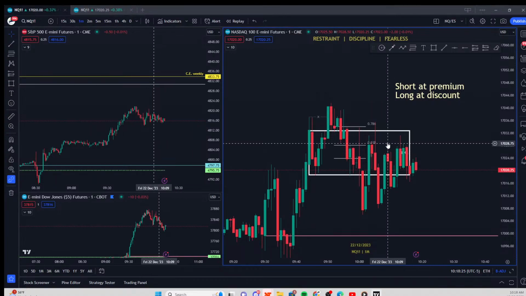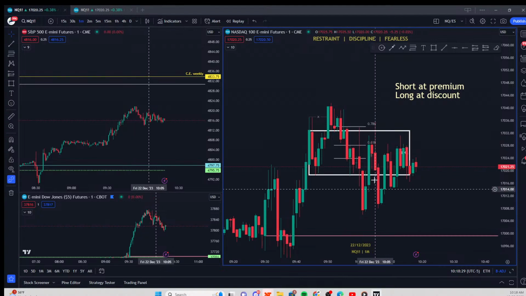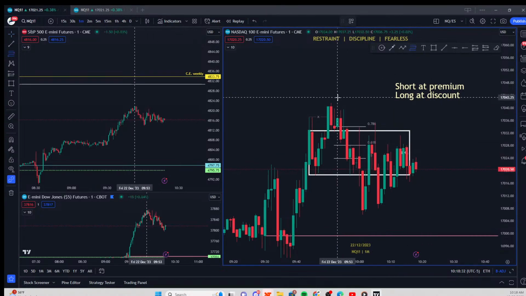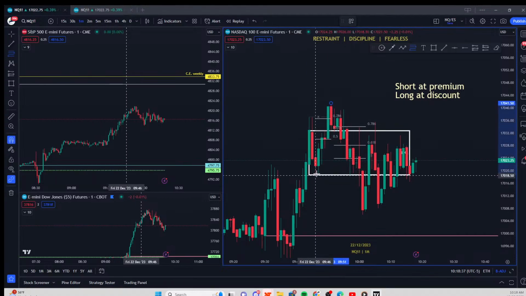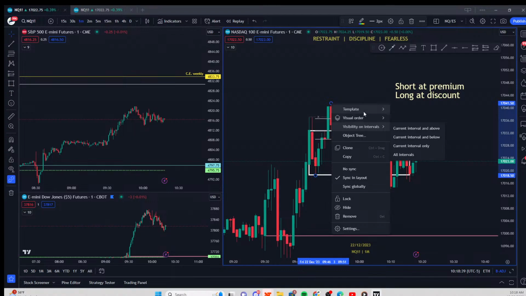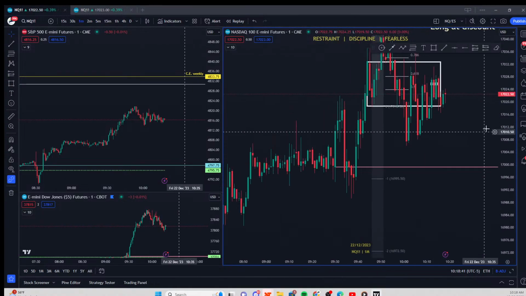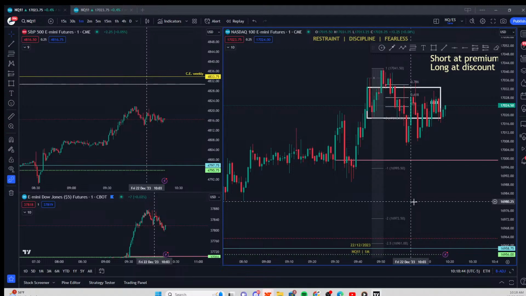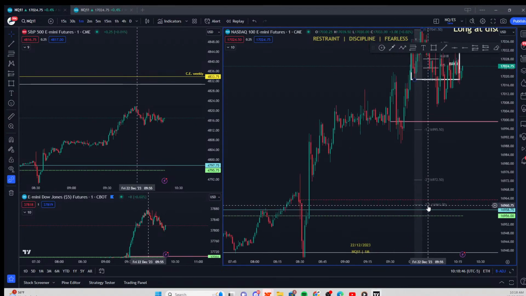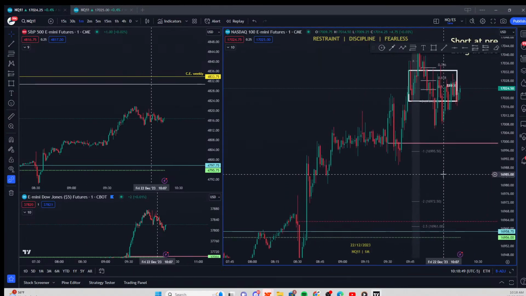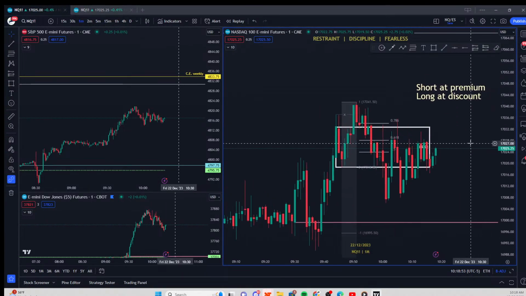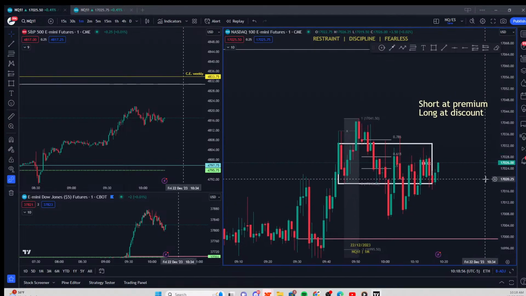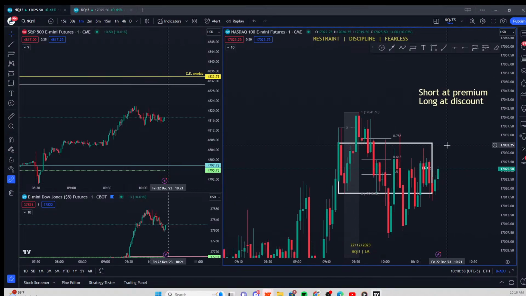So shorting every time, if you do the projections, I'll even do the manipulation leg just so we can demonstrate, if we continue downwards, this is where we're going to be projected, which is the -1 standard deviation, and I'll be looking probably all the way down to -2.5 where it feels inefficiency. It's coming back to premium again.